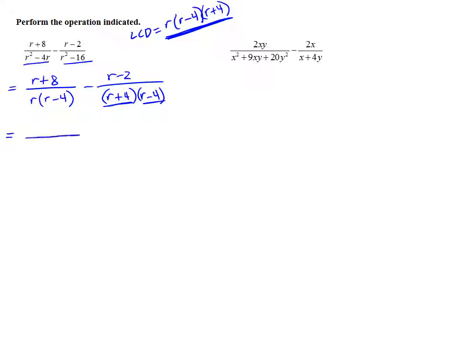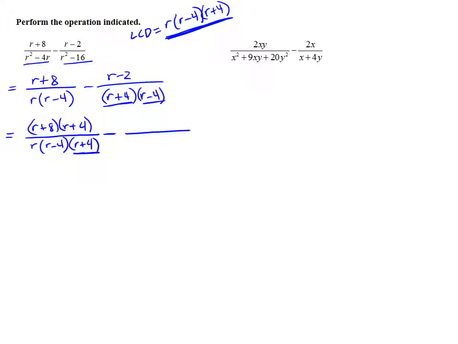So I'm going to rewrite each fraction that way, r times r minus 4, and then I need the r plus 4. And if I have to add an r plus 4 into the denominator, and I should say I'm not adding it, I'm multiplying it in the denominator, I need to multiply it in the numerator as well.